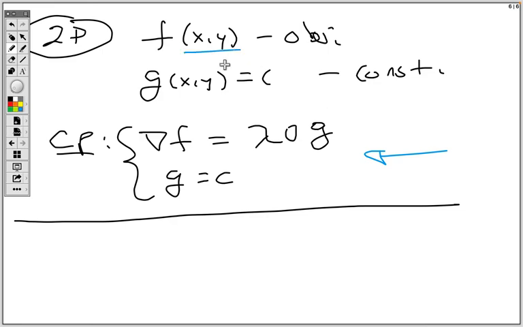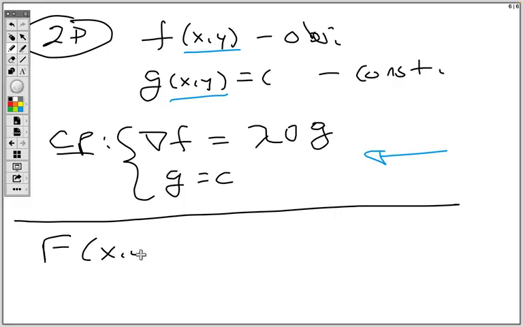So if you've got 2 variables, great. This would give you 2 equations, equating each component of the gradients, and then the third equation. So you'd have 3 equations, 3 unknowns.